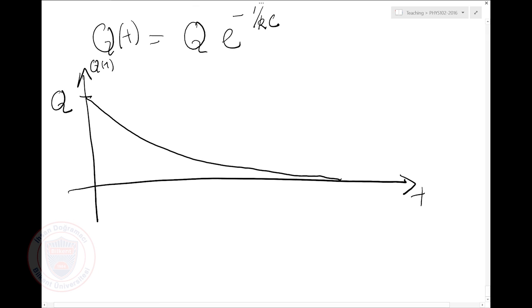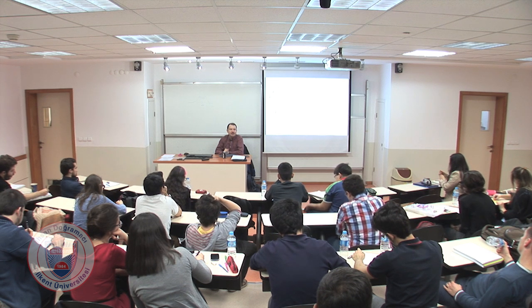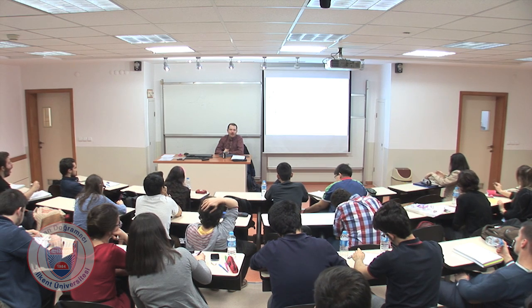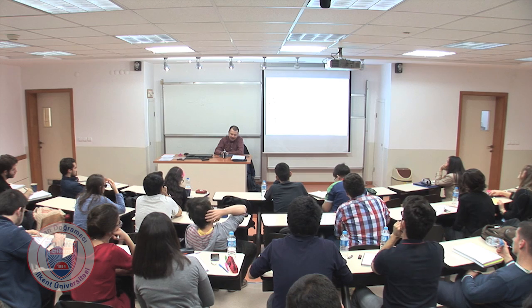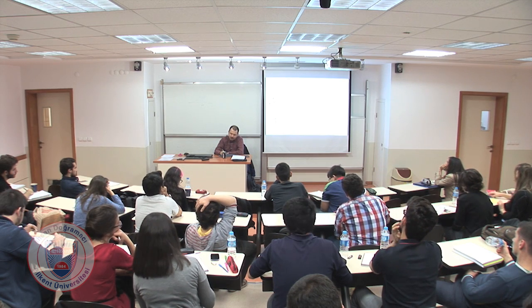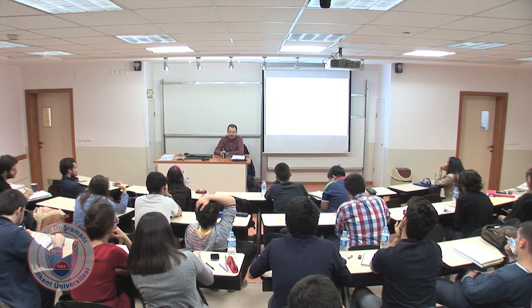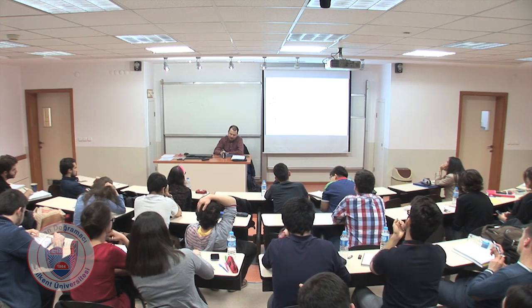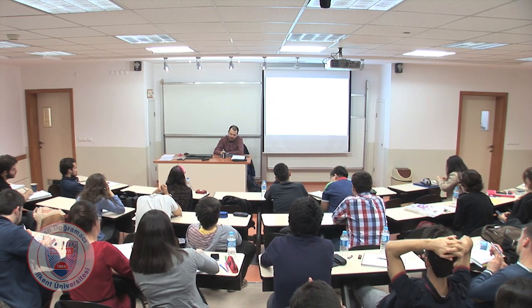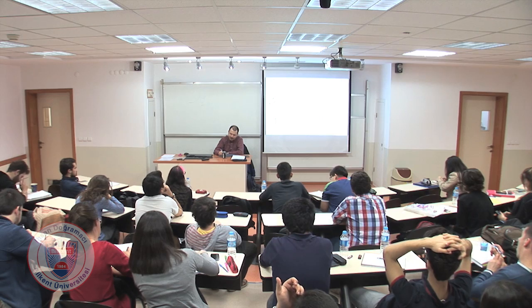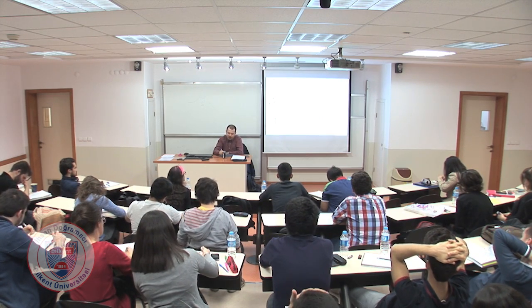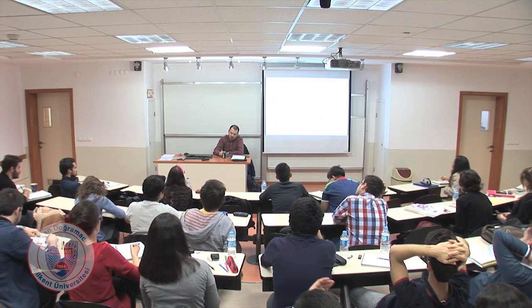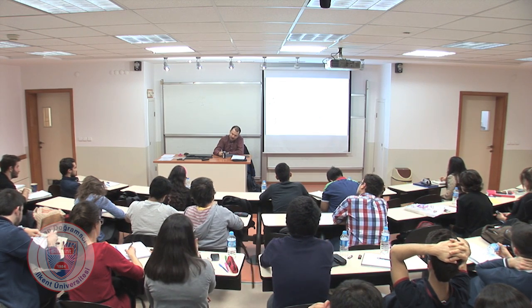An exponential decrease is so fast that, let's see, if time is equal to 5 times RC, then Q(t) at 5RC will be Q times e to the minus 5. What's the value of e? e is 2 point something, right?